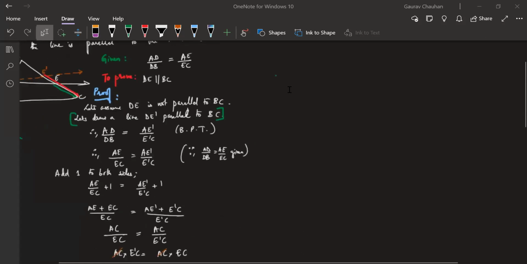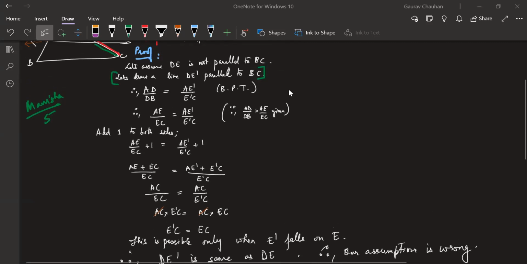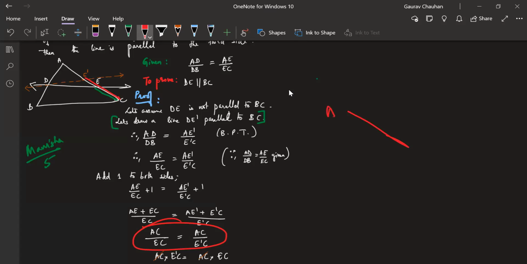Dikshit, why did I add 1 to both sides? Because finally I have to show this, that E dash C is not equal to EC. Okay, but Dikshit, when I looked at this diagram, I understood in the ratio, I am getting AE by EC here and AE dash by E dash C here.